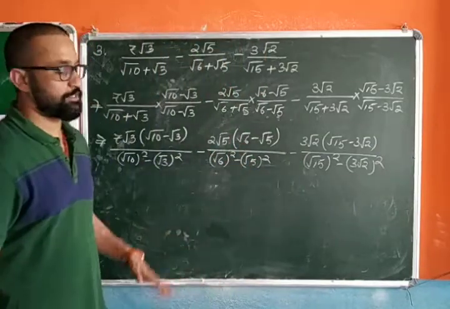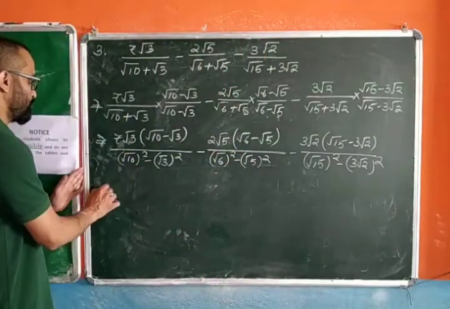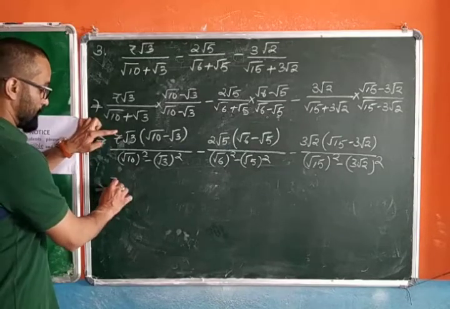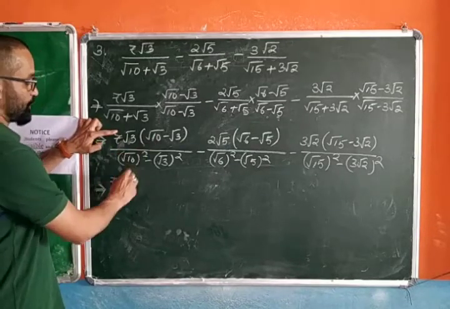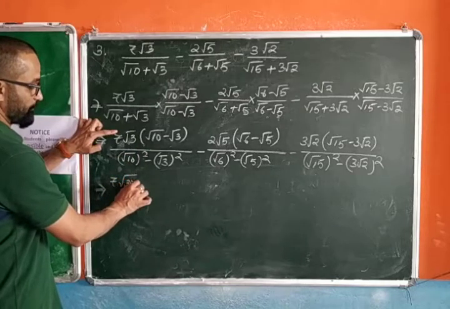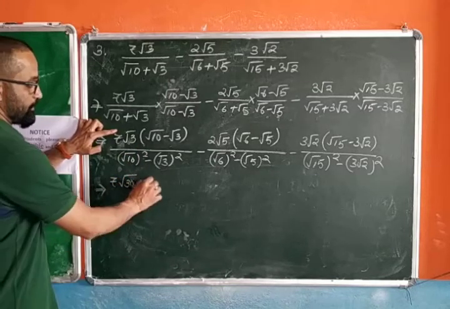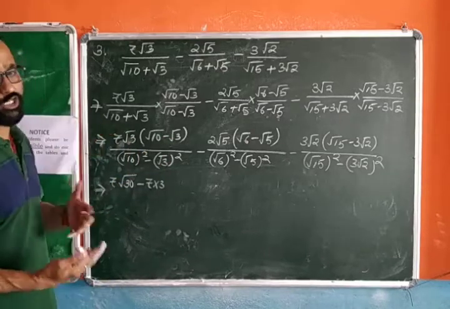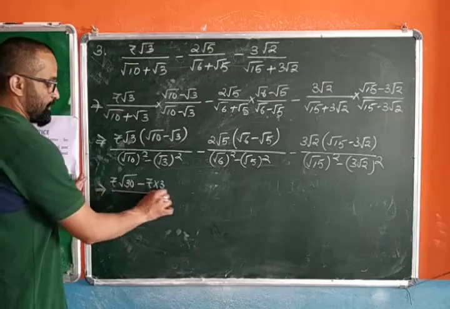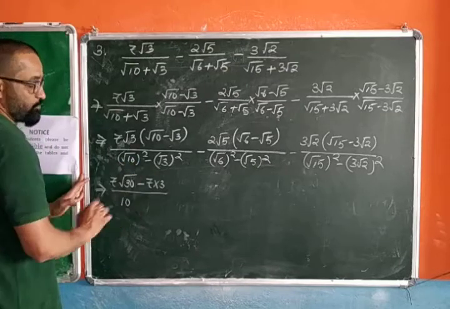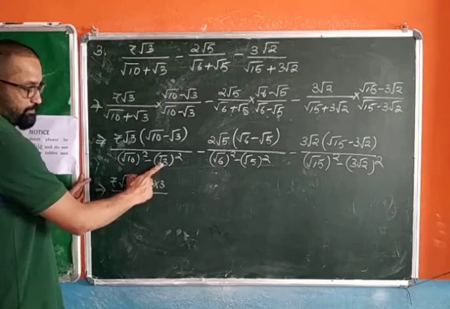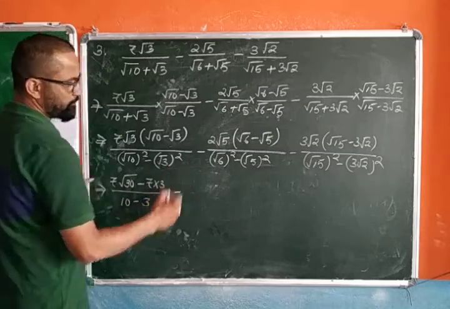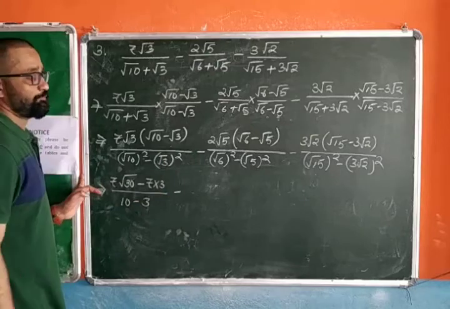Once you reach this, now multiply the numerator. 7 you write as it is, √3 into √10 gives √30, minus 7 as it is, √3 into √3 is 3. Root 10 square is 10 minus 3. Minus sign. Same thing you do here.